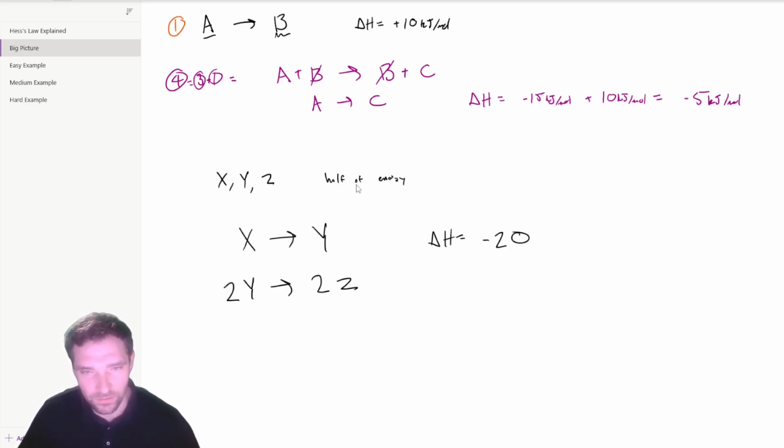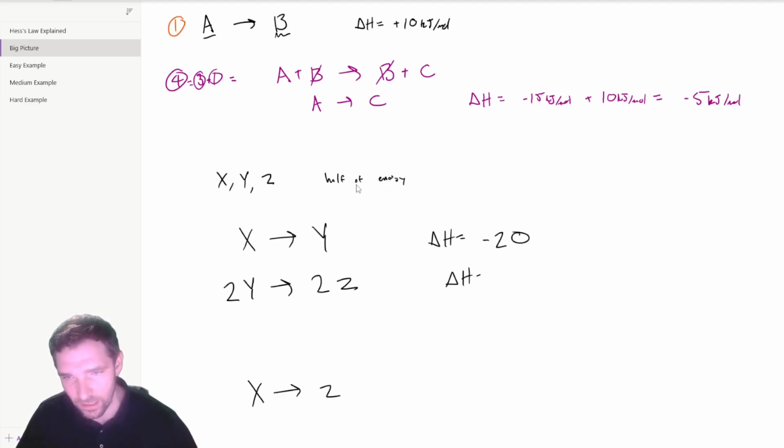And I want to know what the change in enthalpy would be going from X to just 1Z. And let's say that this change in enthalpy is now plus 10 kilojoules per mole. But this is kilojoules per mole of the reaction. And this is also kilojoules per mole, but of its reaction.